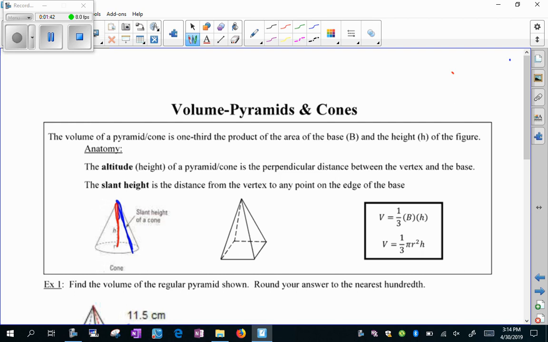Sometimes we're not given that height and we're given the slant height, and we have to find what the actual height or altitude of the figure is. We can do that quite easily, and we'll see that in one of our problems.